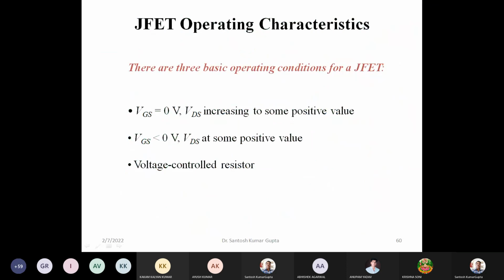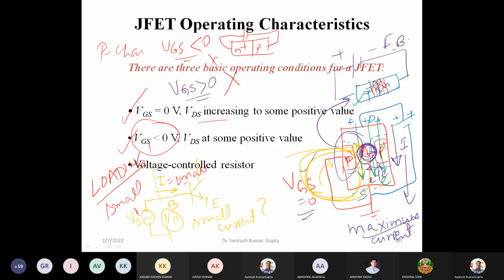So we just see here that we can make the FET operate when VGS is such that it is reverse biasing the gate to channel PN junction.